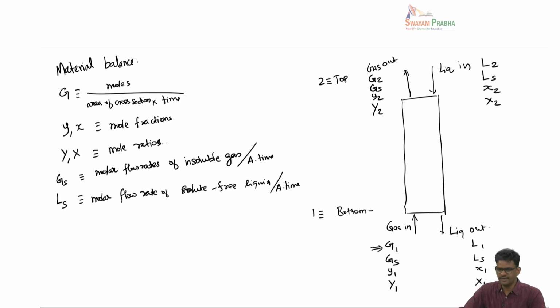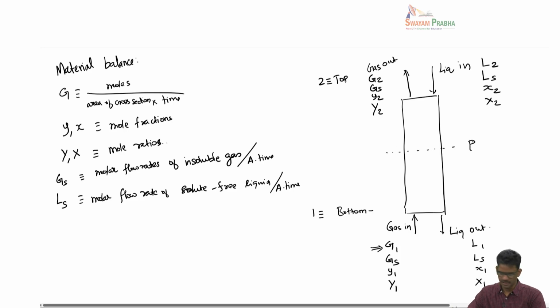So this is something we have done for a very general case of E phase and R phase, and already introduced these notations. We will just go ahead and consider some point P here, where the variables will be as follows. You will have G at some point here, GS will be the same, and then you have y and capital Y. Similarly, the liquid that is flowing in at this particular point would have L, LS, x and capital X. Okay.